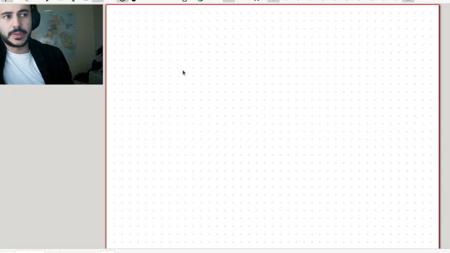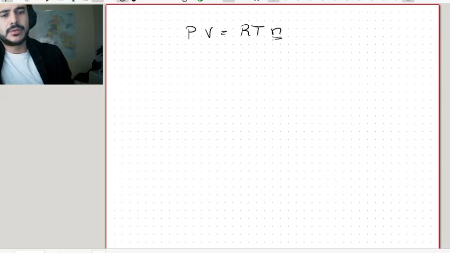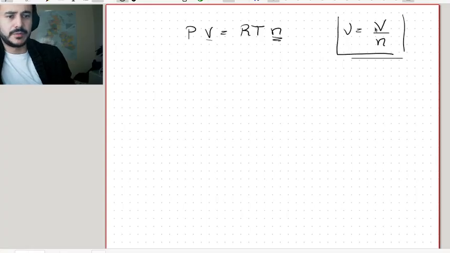Some work better than others in some special regimes, and perhaps the simplest extension of the ideal gas equation, which I'm going to rewrite again, is this: I'm going to take this n and divide V by n. So I'm going to define lowercase v, which is molar volume, as the total volume divided by the number of moles, and I get rid of this n that I don't want to be carrying around. So let's just write it like this.